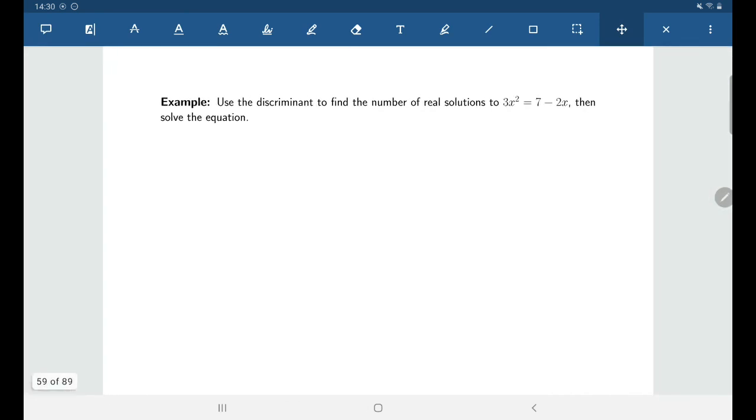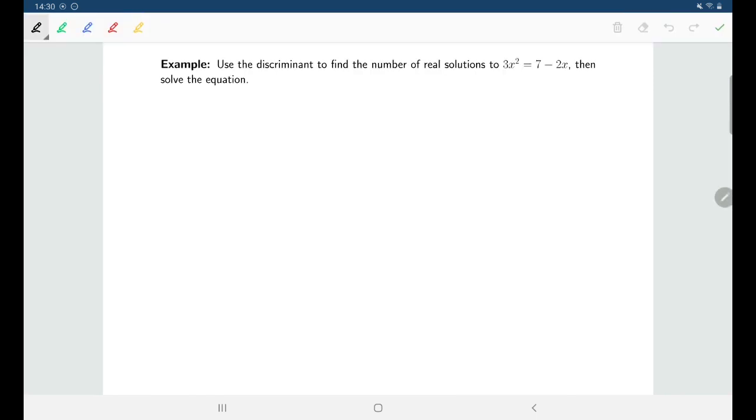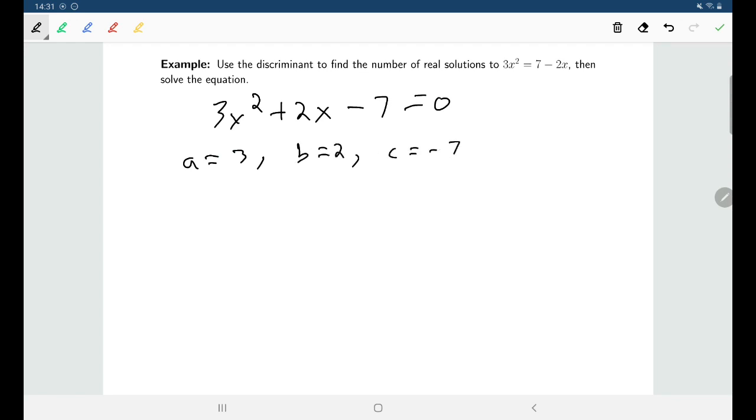So we want to find the number of solutions to this equation, and then we'll solve the equation. So first I'm going to bring everybody to one side. 3x squared plus 2x minus 7 equals 0. And so in this case, now that I've got everybody written on one side, the values of a, b, and c are 3, 2, and negative 7.